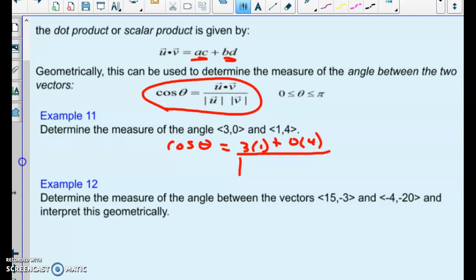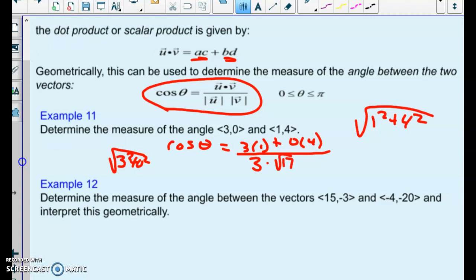The magnitude of (3, 0) would be the square root of 3 squared plus 0 squared, which gives me 3. So I'm going to put 3 there. And I'm going to multiply that by the magnitude of (1, 4), the square root of 1 squared plus 4 squared, which gives me the square root of 17.